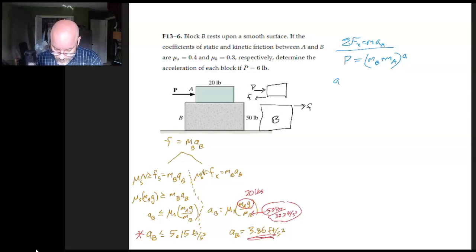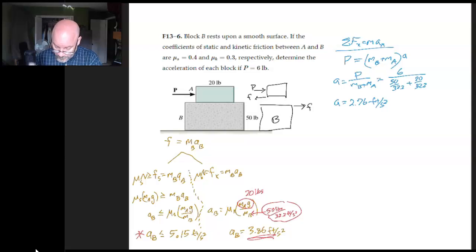So I'm going to have A is P over MB plus MA. Now with numbers, I'm going to have 6. And then remember, we've got to put block B is 50 over G, 32.2, plus 20 over G, 32.2. Now that number is 2.76 feet per second squared.